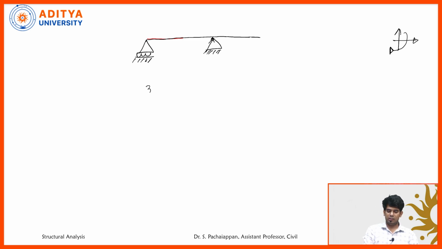So I am going to write the equation: 3 times the number of joints, minus the number of reaction forces, small r, plus summation of m dash minus 1. I will tell you how this equation came. This is the number of joints.